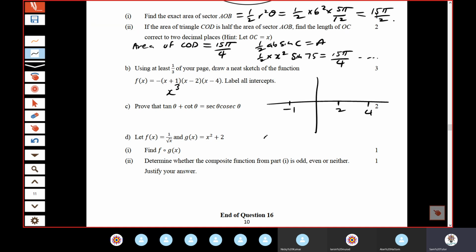X cubes usually start down here, but it's a negative x cubed so it starts up here. And then really you're done. All you're going to do is find this number by substituting x equals 0. So when I sub in 0, this gives me -1 times -2 times -4, which is -8. And you're done. 3 marks.